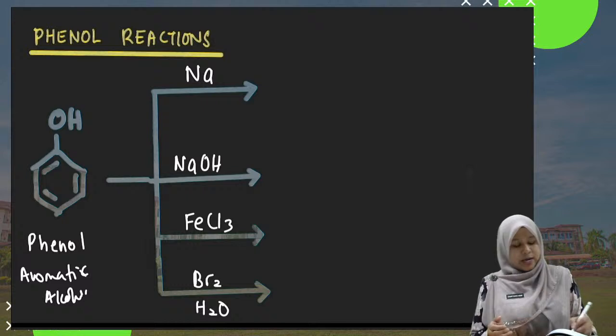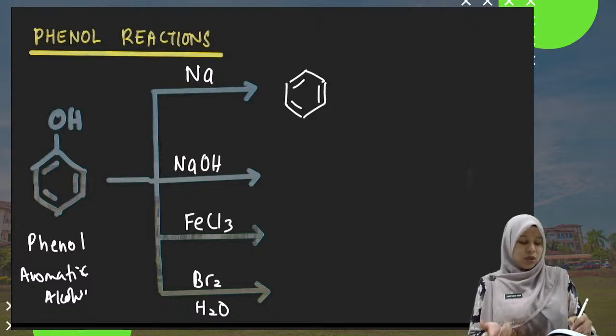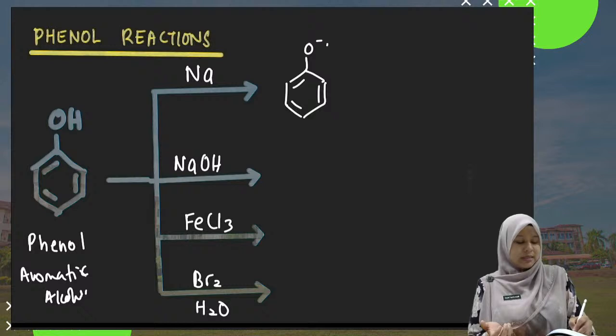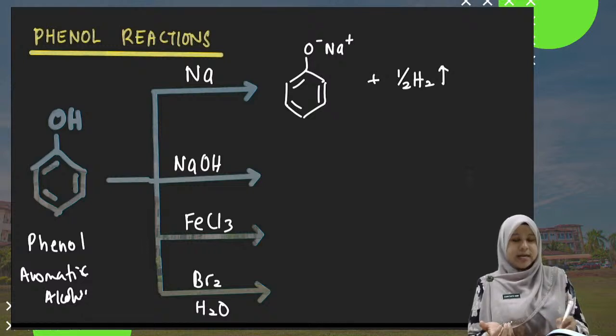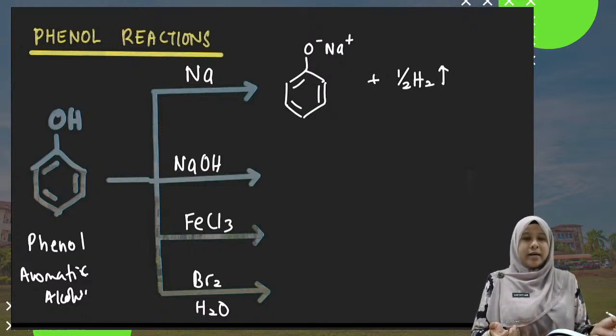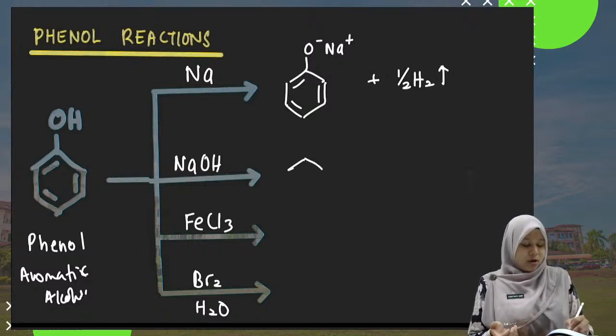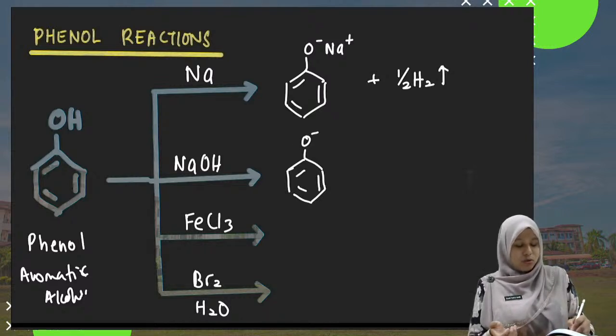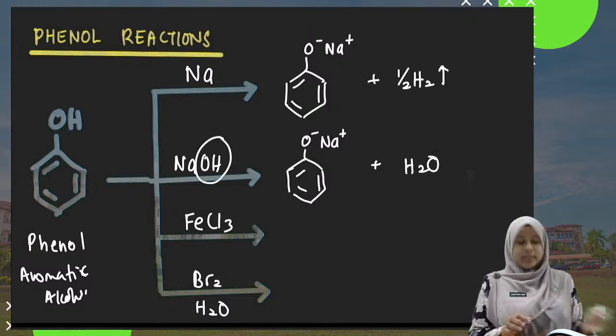So bila phenol react dengan sodium, dia akan dapat salt, O minus Na+, so dia akan produce hydrogen gas. Ni H dengan apa, dia akan keluar sebagai hydrogen gas. Tapi when phenol react with sodium hydroxide, dia akan dapat sama juga, O minus Na+. Cuma side product dia akan jadi H2O sebab dia buang OH dan juga satu H daripada phenol.